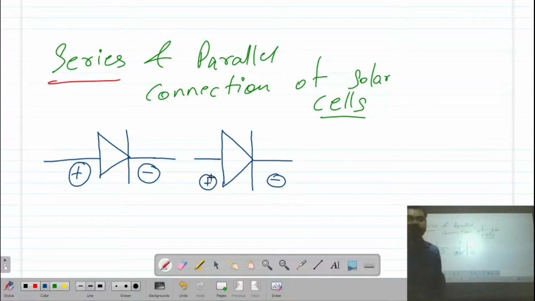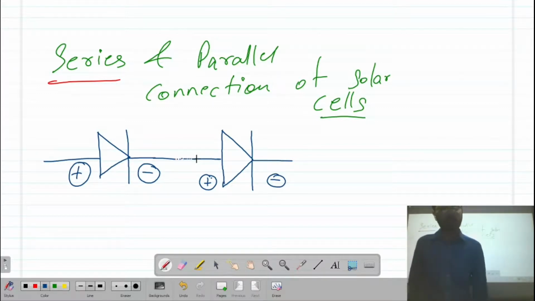If we want to connect two solar cells in series connection, then the negative terminal of one cell has to be connected to the positive terminal of the other cell, right? So if this is connected, then this is nothing but the series connection of solar cells, right?